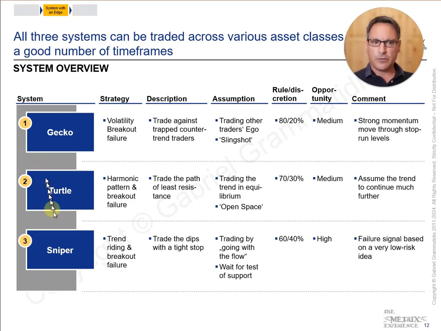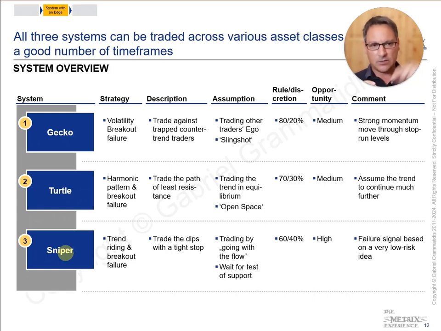Now the third system is the sniper setup. Why sniper? Well, because many things really have to align, and we really have to look for high quality. This is the most sensitive to quality of a pattern, but it can be the most profitable, because you can build pyramids, consecutive entries, right?